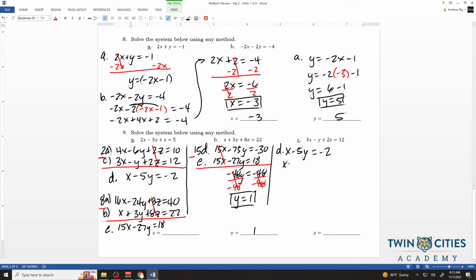So x minus 5 times 1 is equal to negative 2. All right, so x minus 5 is equal to negative 2. We're going to add 5 to both sides. x is equal to 3.